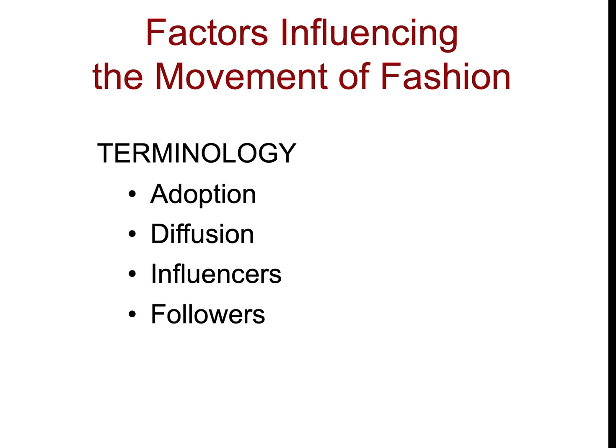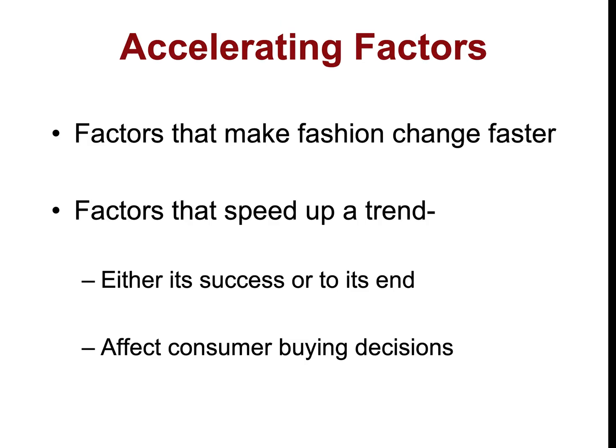If I take it on as my own, I'm using it, but it really is, we measure this over sales. We look at diffusion, how many products are being knocked off, how is it mass disseminated among consumers. The more power the influencer has, the more likely it's going to be diffused into society. And most consumers that buy at retail, we would call followers. I know that's a tough one to swallow, but we're all followers there.